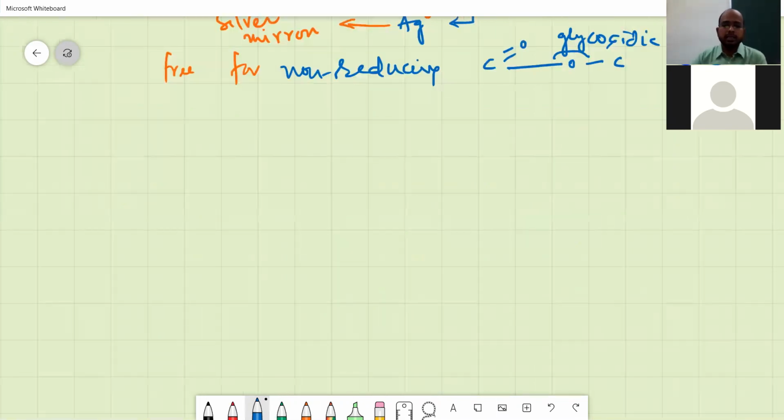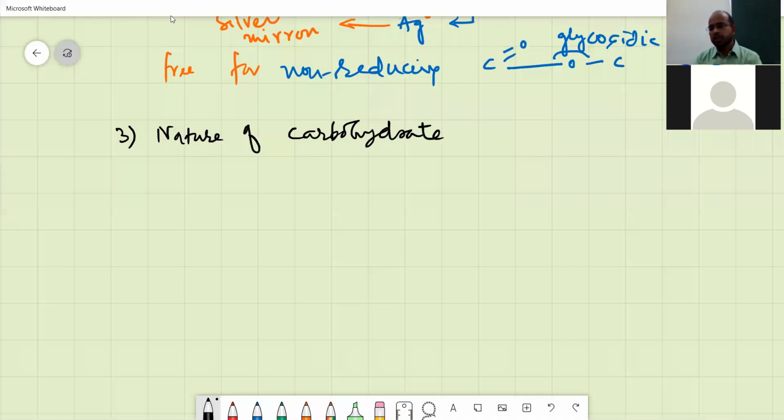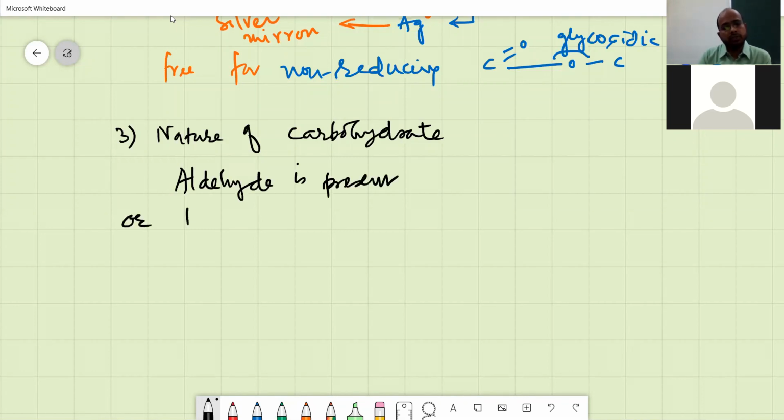Okay, that is the second point in the entire thing. And then the third very important point is the nature of the carbohydrate. In this, you will have to say whether an aldehyde is present or a ketone is present.